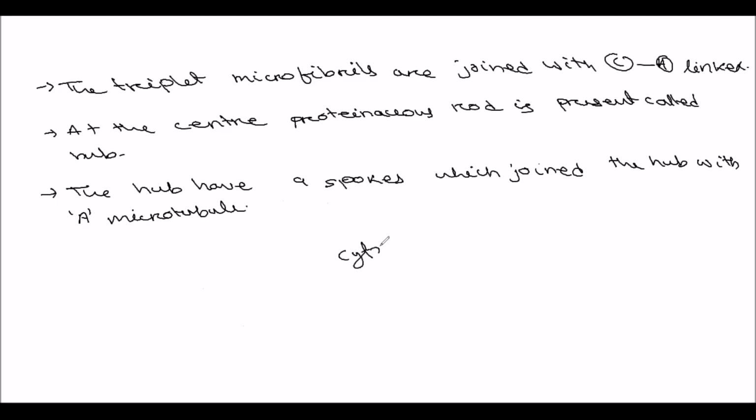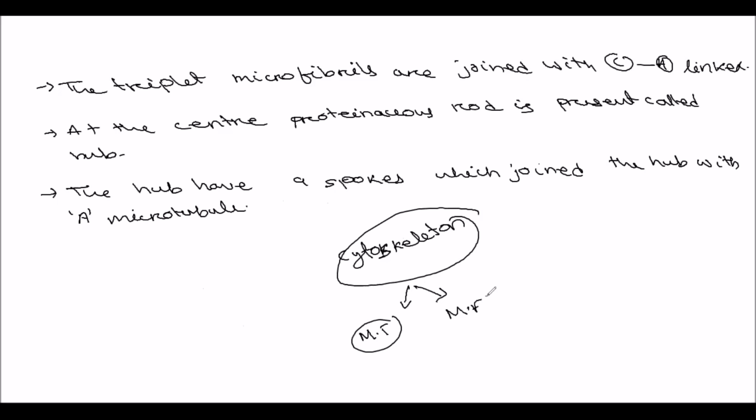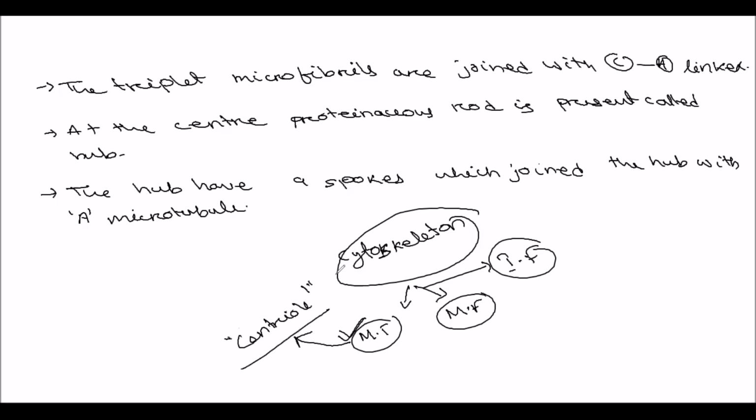We discussed the microtubule, microfilament, intermediate filament, the detailed structure of the microtubule, how microtubules are arranged to make the centriole, what the different parts of the centriole are, and what the cartwheel structure of the centriole is.